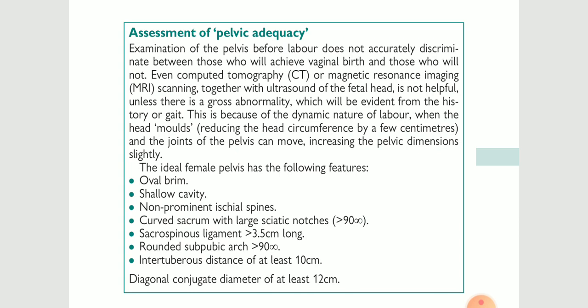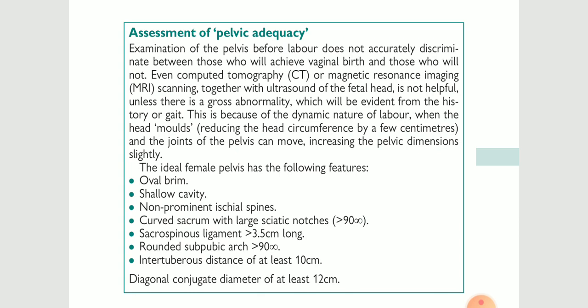The second point is that the fetal head goes into the molding stage, and the parietal bone and the frontal bone help in squeezing the size of the fetal head so it can easily pass through the birth canal.